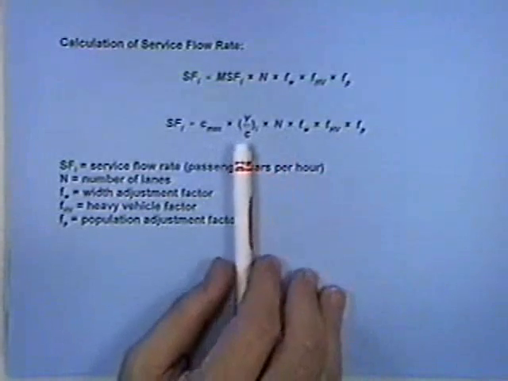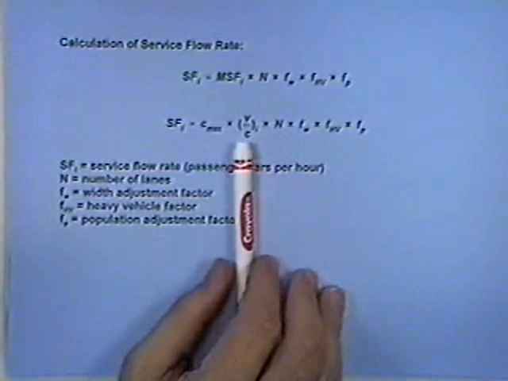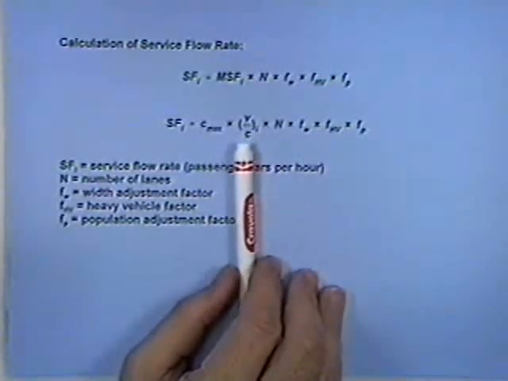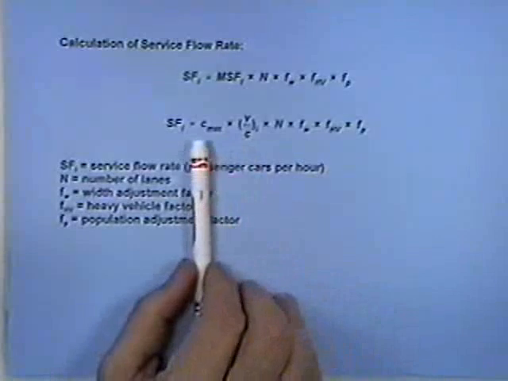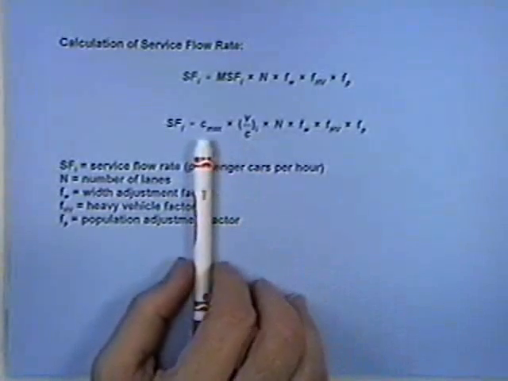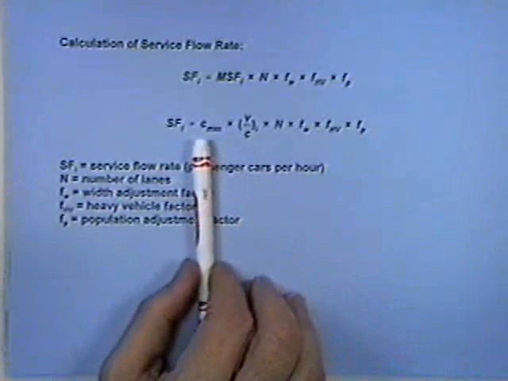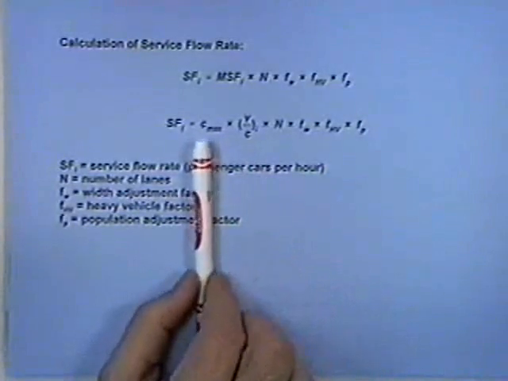Okay. We said that the volume to capacity ratio that we're designing for is 0.9 at level of service D, and our maximum capacity under ideal conditions, go back to our curve, is 2,000 passenger cars per hour per lane.